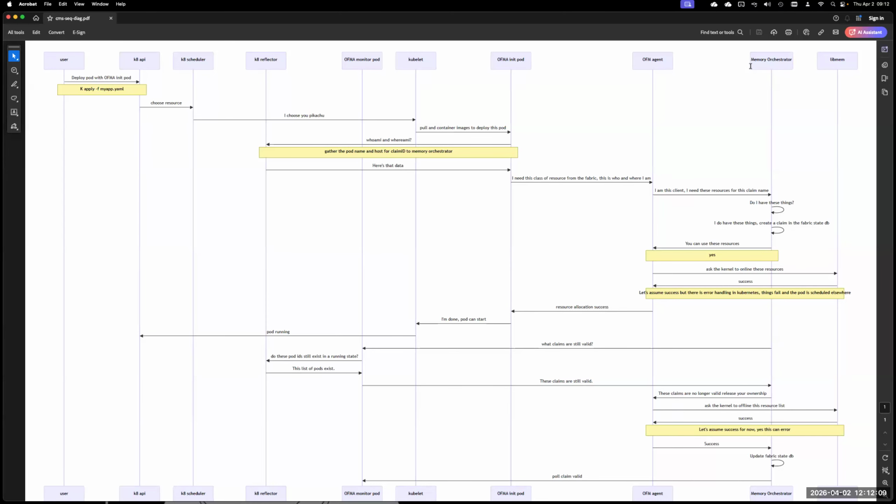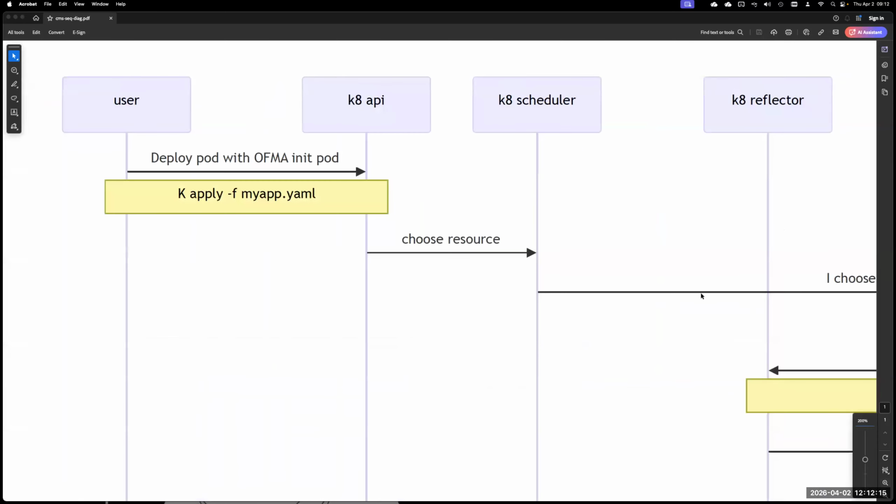But the orchestration logic taking intent from the user also, like when somebody submits a Kubernetes pod and they're asking for CXL resources, that intent still needs to be communicated to some sort of scheduler.